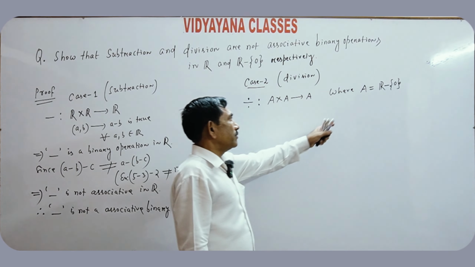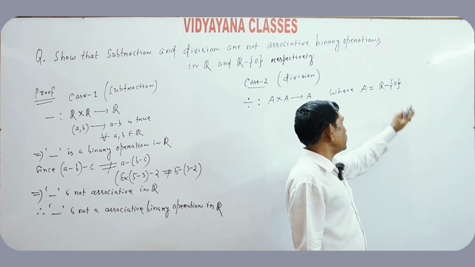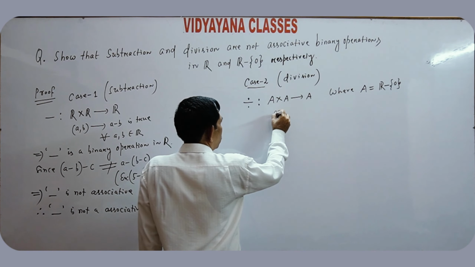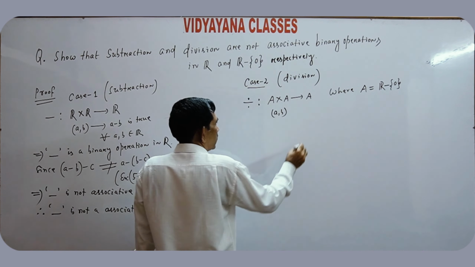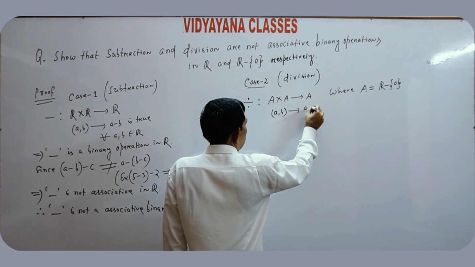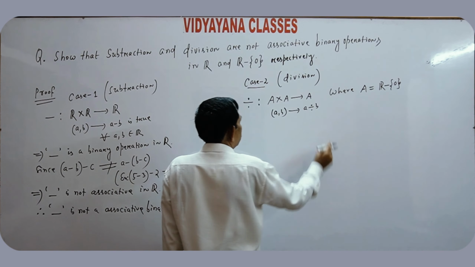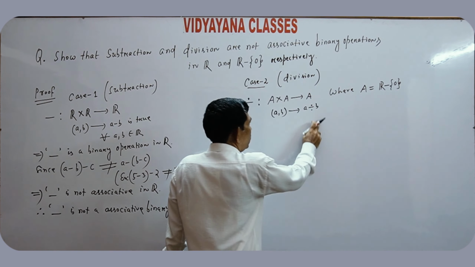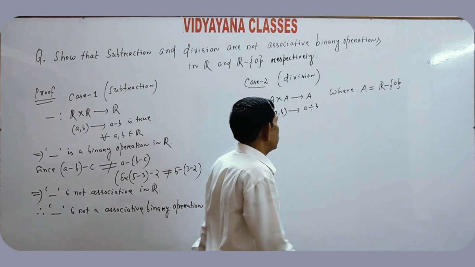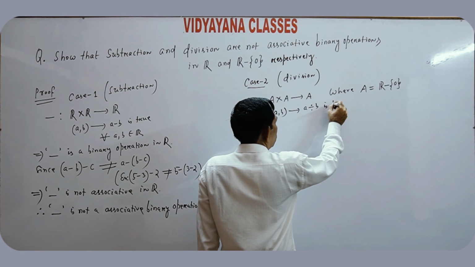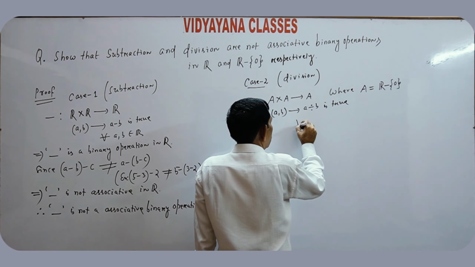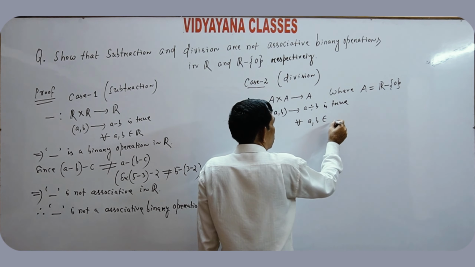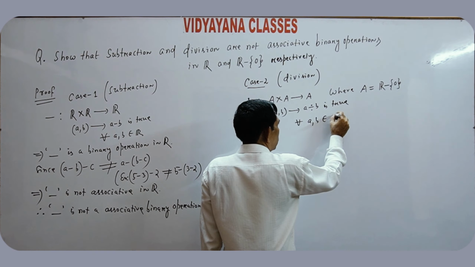The ordered pair (a, b) belongs to A cross A. a division b, where a and b are not 0. Is it true for all a, b belonging to R minus {0}, that is A?